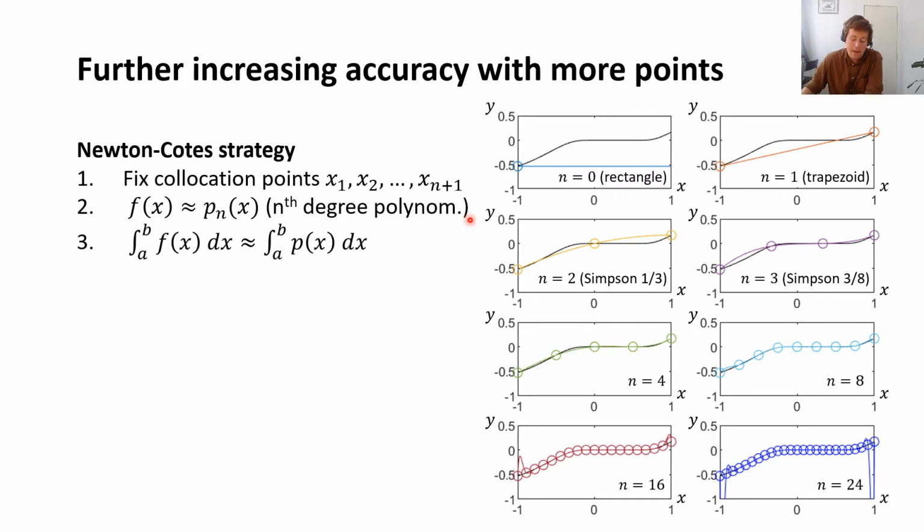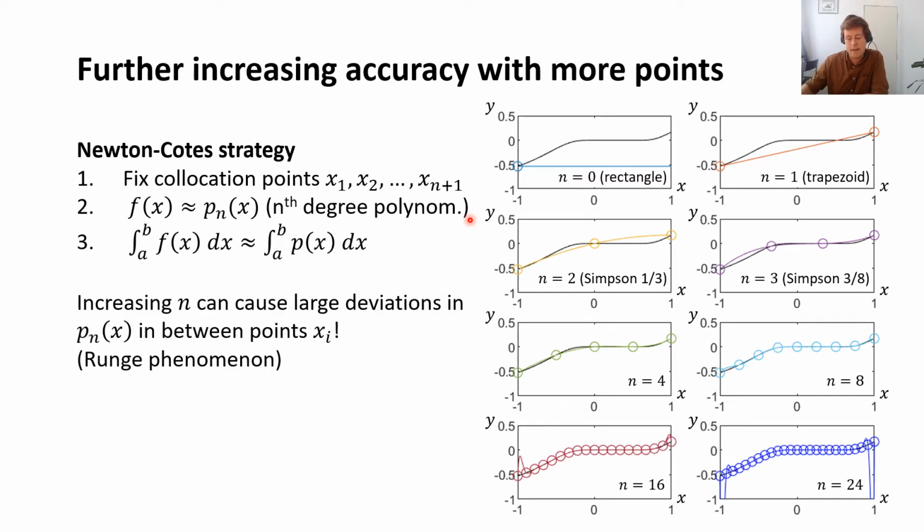And if the approximating polynomial is closer to the function f, then also the area below that polynomial is more similar to the area below the function f. So you have a better approximation of the integral in that sense.